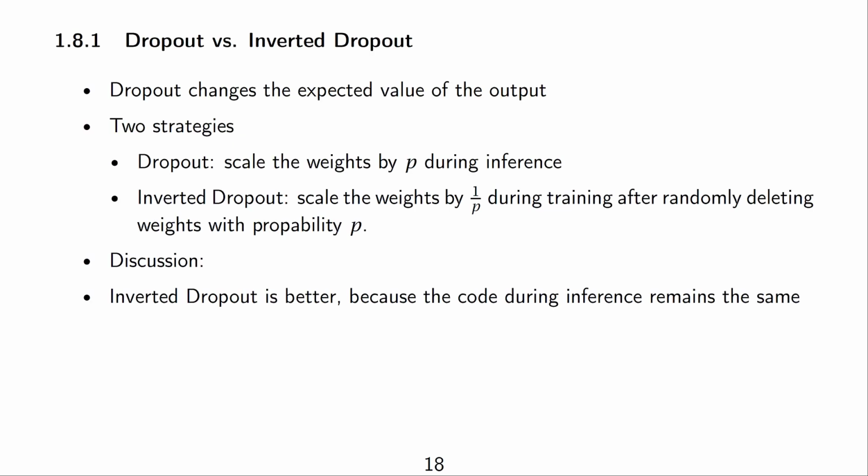The technique that I explained is actually called inverted dropout, which is a way to implement dropout. The scaling that we introduced is necessary, but in the beginning, people actually tried to do the scaling during inference time.